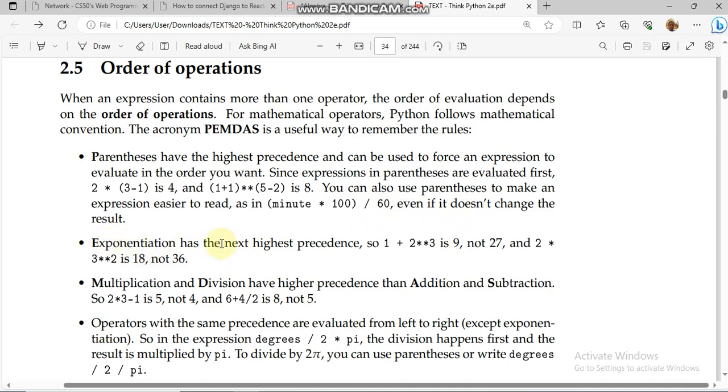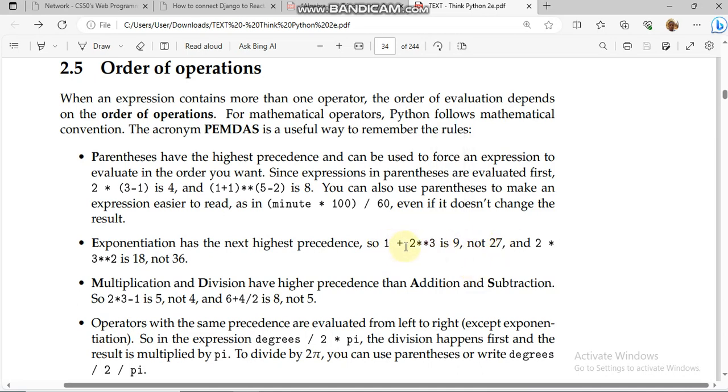Exponentiation has the next highest precedence. As you can see here, if I have 1 plus 2 to the power of 3, it will solve whatever I have on the right first, which is 2 to the power of 3, which is 8. Then 8 will be returned by saying 1 plus 8, which will give 9, not 27.